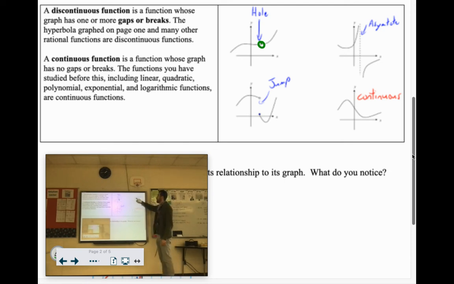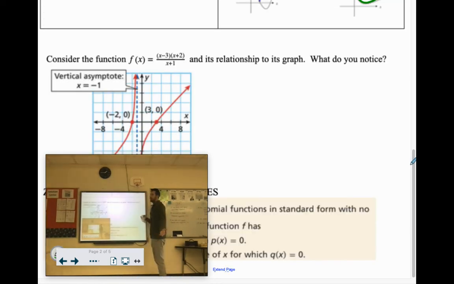If you have an asymptote, that breaks up the graph a little bit. You can also have a jump. We're not really going to deal with jumps until we get to piecewise functions. And then a continuous one over here has no breaks or holes in it, which is like the standard stuff we've been doing. We haven't really had the breaks or holes in it yet.